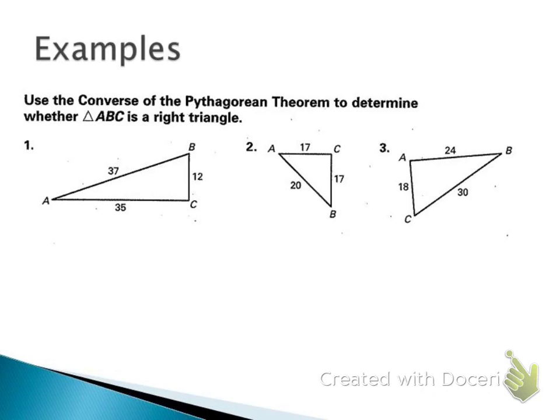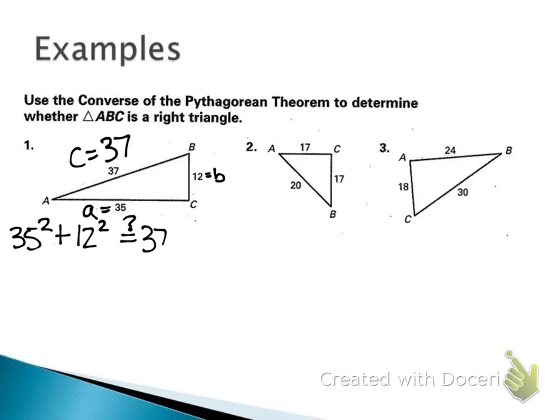My recommendation would be to go through and label your sides first. So on this one, C is equal to 37. That's our longest side. The other two, again, with A and B, it doesn't matter as much. So I plug everything in. 35 squared plus 12 squared. I need to know if that equals 37 squared.